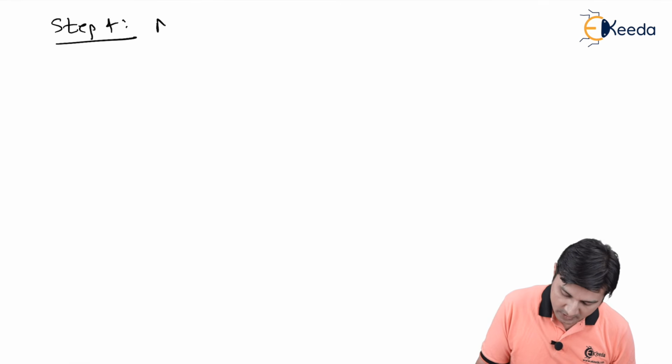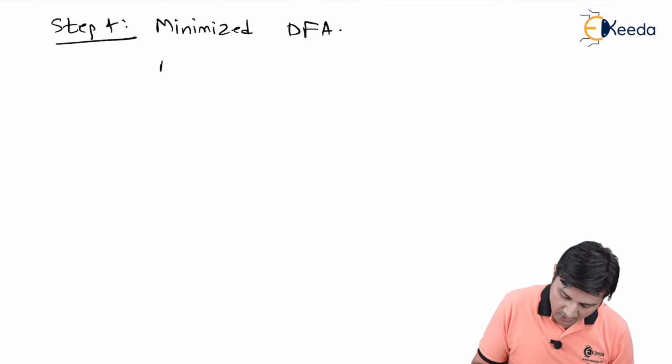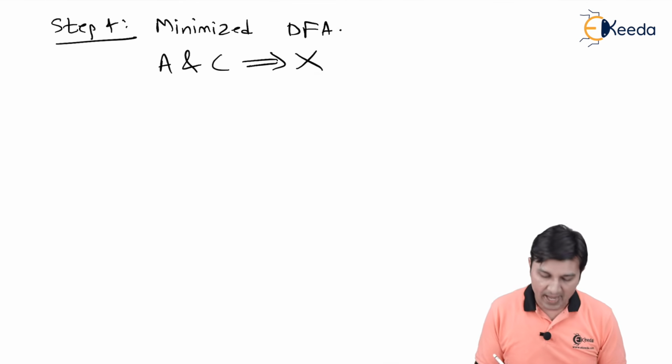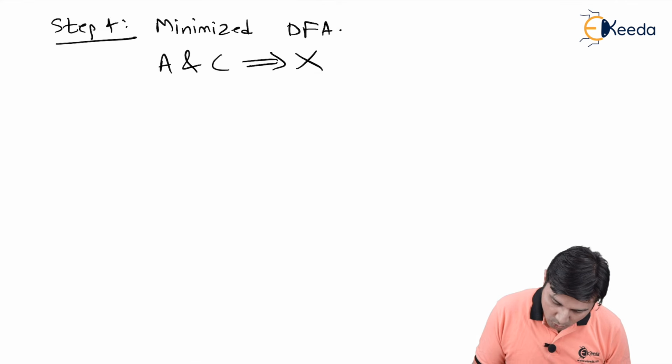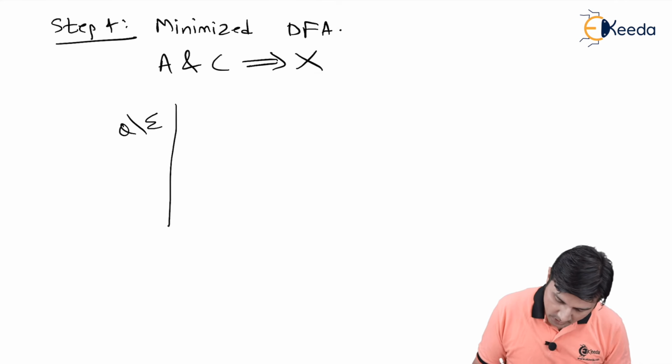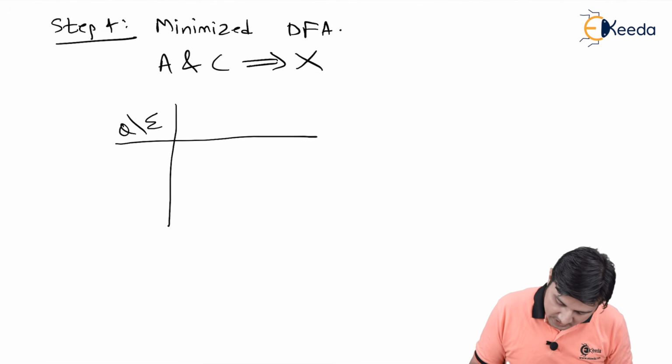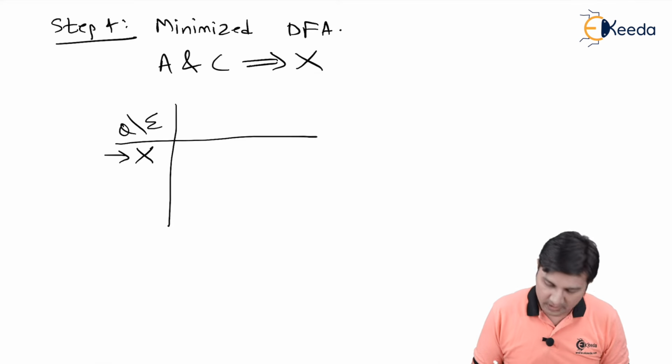So my step 4, almost the last step, where I am going to draw my minimized DFA, where we know that we have combined states A and C to give a new state called X. So I have my Q cross summation over here. Then, since A was the start state, over here we are going to call X as the start state.